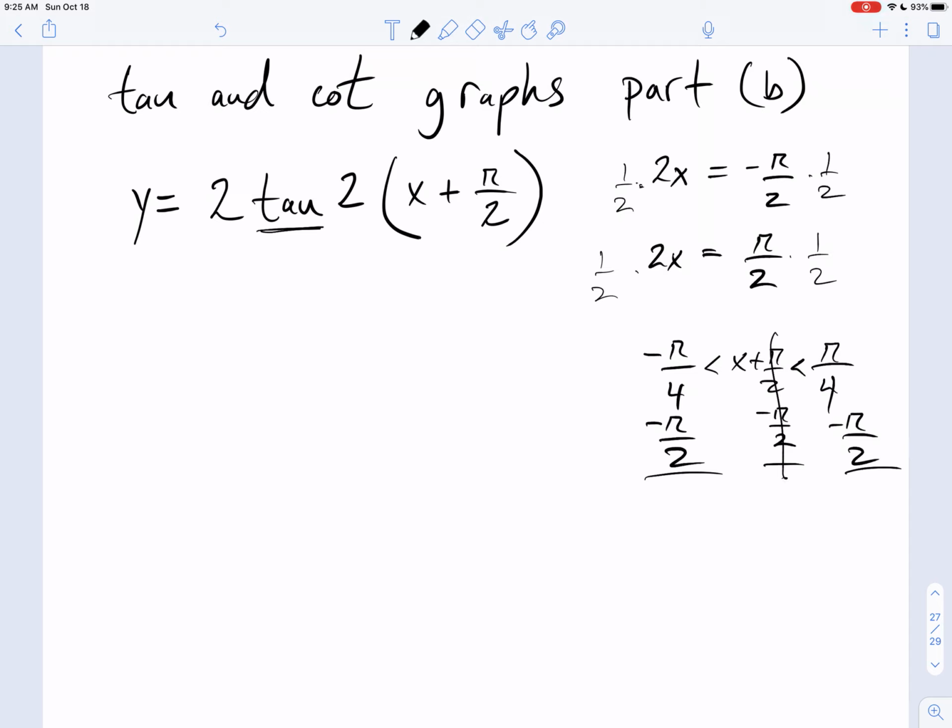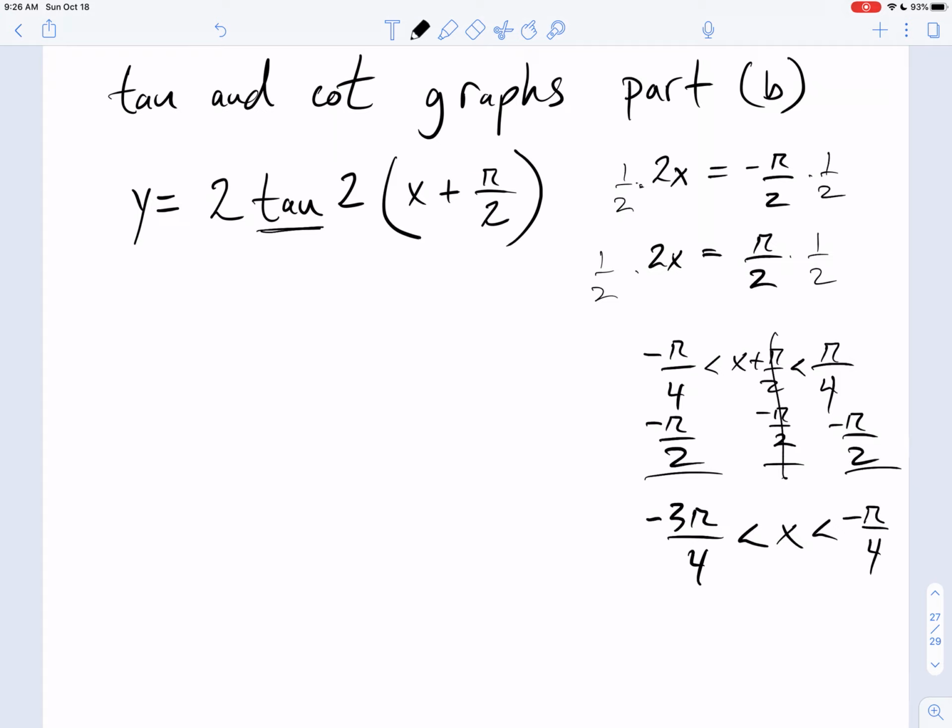So negative pi quarters take away pi halves, well, that would be a negative 3 pi fourths. That would be my first asymptote. Then my other asymptote, well, that would be at pi quarters take away pi halves would be a negative pi fourths. So those are my two asymptotes.